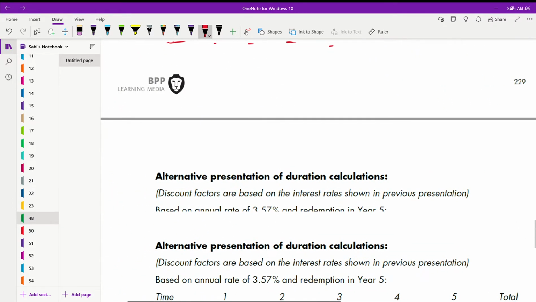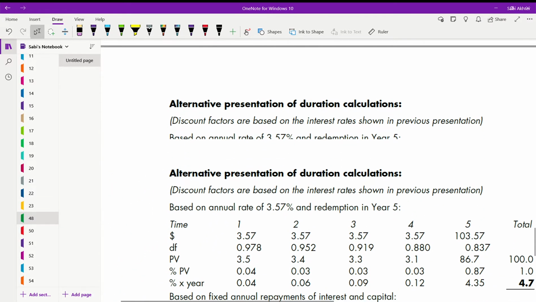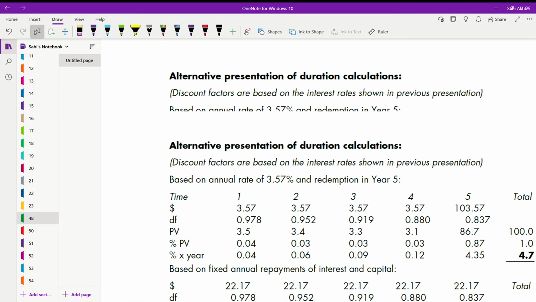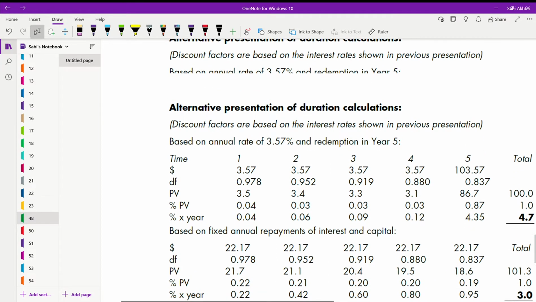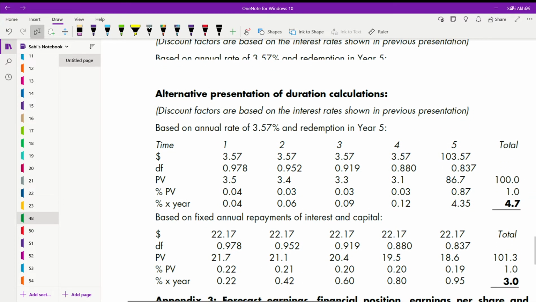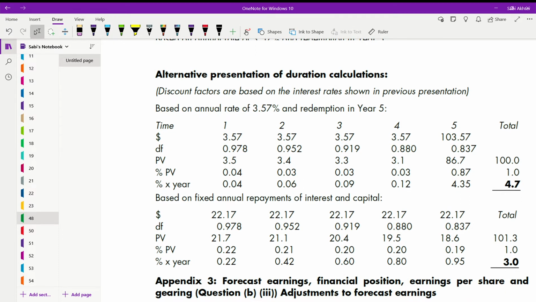Coming to the next one, there is an alternate presentation of the duration calculation. If you haven't understood previously what it was, then this is another method. I think this is an easier method because this is the one which has been taught. First, it is 3.5%. So 3.5, 3.5, 3.5 coupon rate. Last year it's 100 plus 3.5, so 103.5.